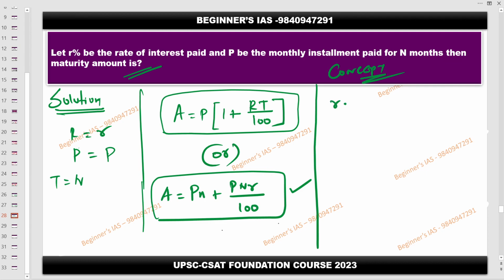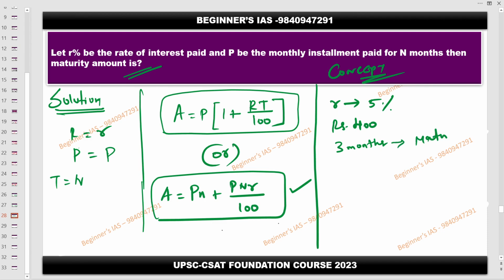If 5% be the rate of interest paid, and rupees 400 be the monthly installment paid for 3 months, then the maturity amount is equal to what?